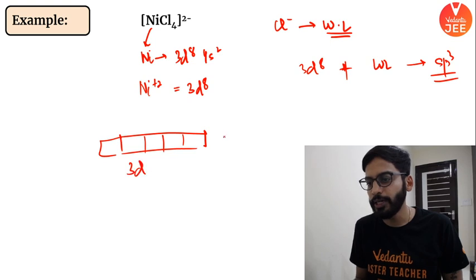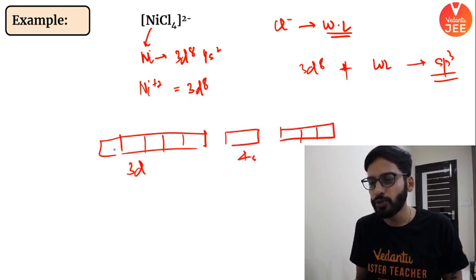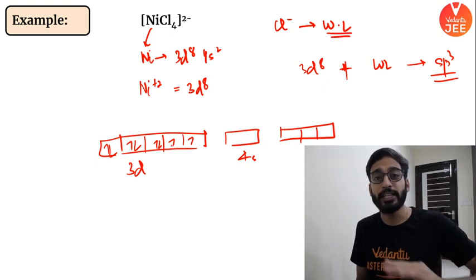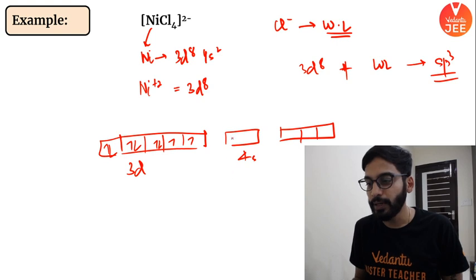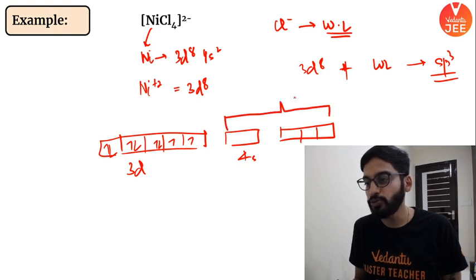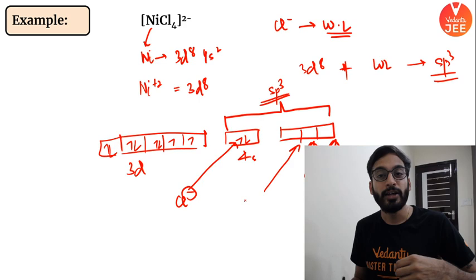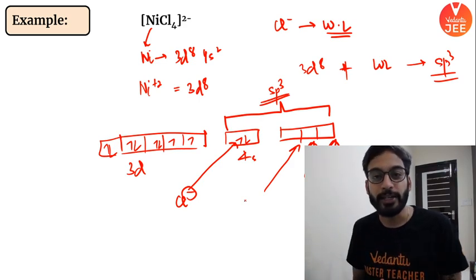This is your 3d, this is your 4s, this is your 4p. So 1, 2, 3, 4, 5, 6, 7, 8. None of the pairing is caused by ligand. Ligand is not that strong to cause an extra pairing. So what will happen? These orbitals would be used. It will pair the electron to this particular vacant orbital.